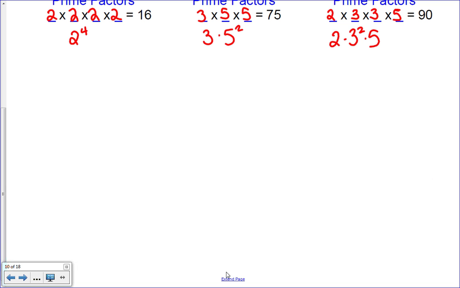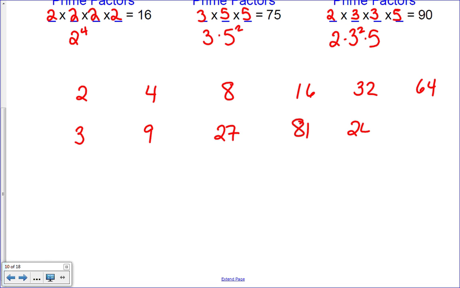Okay, so if you're turning it back on now, let's take a look at those powers of 2. And I'm just going to fill in the answers as I go across. It would be 2, 4, 8, 16, 32, and 64 is 2 to the power of 6. For the 3s, 3 to the first is 3, 3 squared 9, 27, 81, and 243.